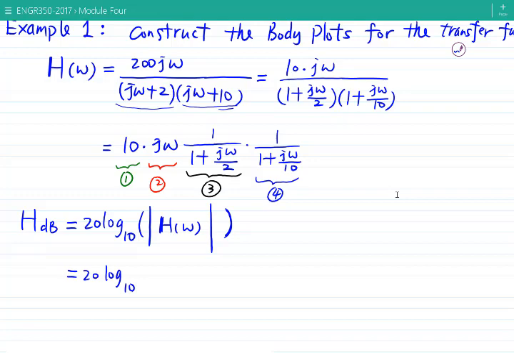Here we have 4 factors in multiplication. If we take the logarithm, the dB value will be summed up.